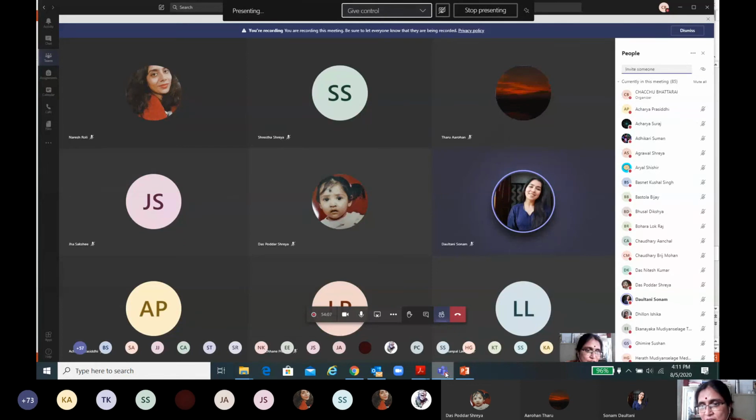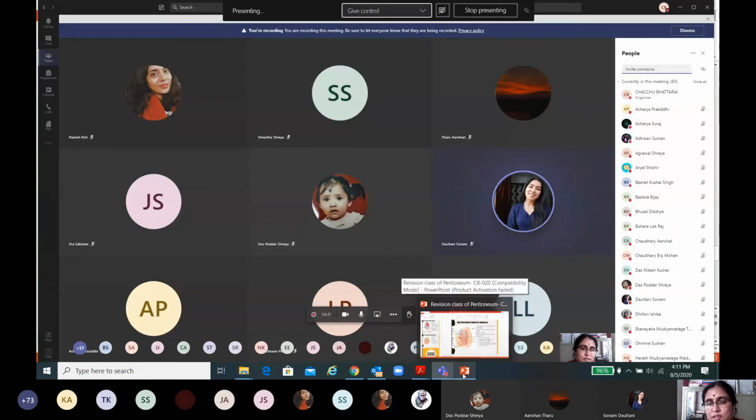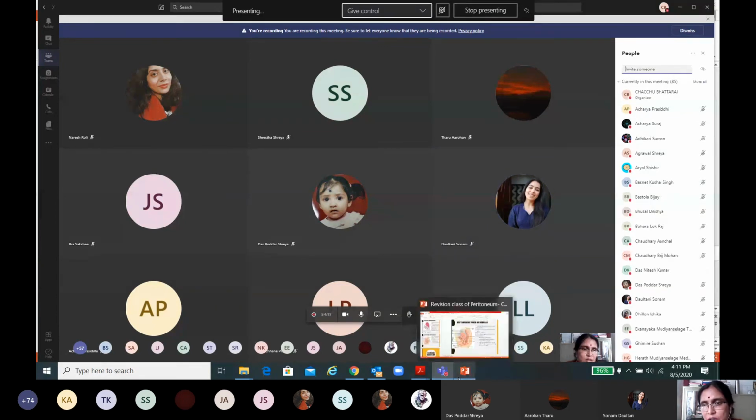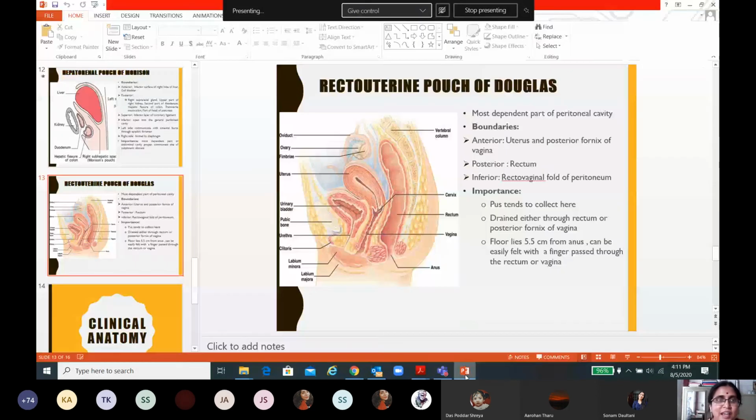Now, Nitesh Kumar Das. Are you there? Nitesh, can you tell me the posterior boundary of epiploic foramen?